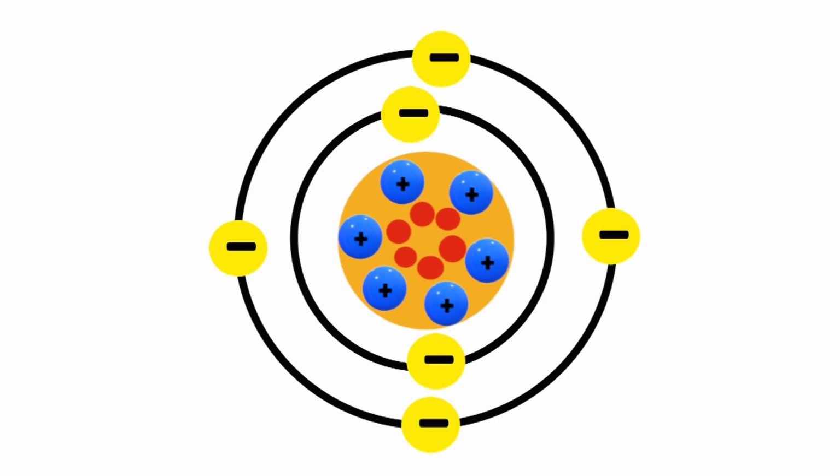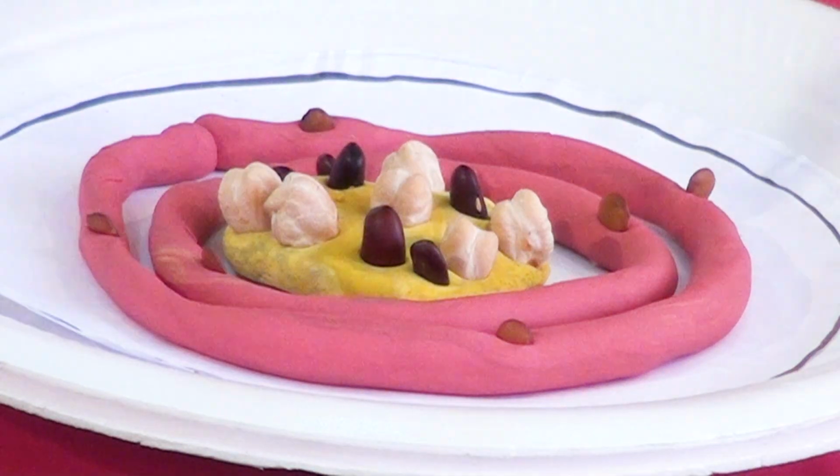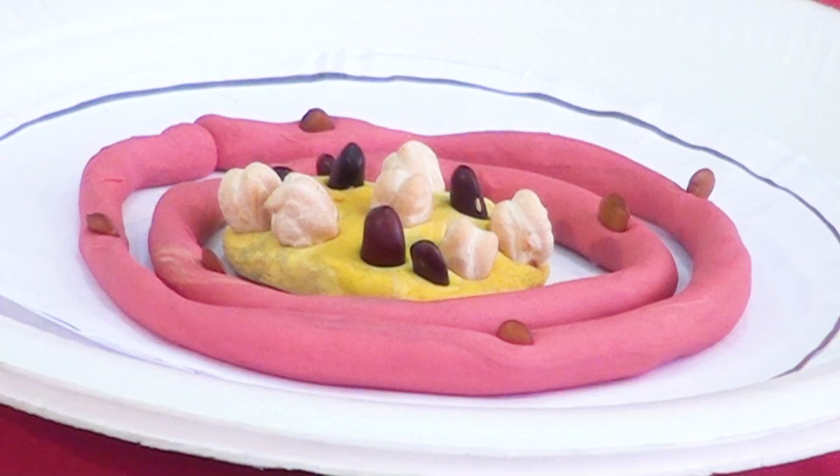And what we're doing here is looking at the electronic configuration of the atom. So which atom, look in your book, look on your periodic table, has 6 protons and 6 neutrons and 6 electrons in their shells? If you look, that atom would be carbon.